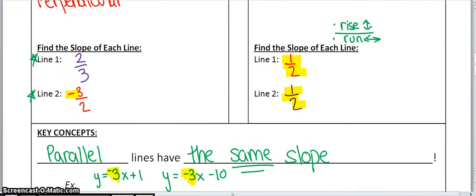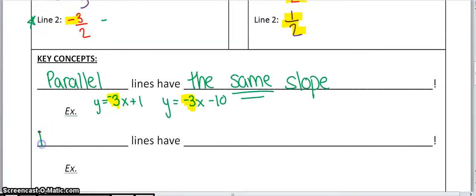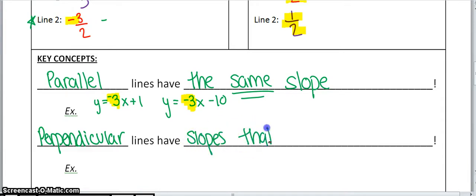So what do you think the relationship is between these two? They're for sure not exactly the same, but I notice one's positive and one's negative, and they have the same numbers. This one is 2 on top, this one is 2 on bottom, 3 on bottom, 3 on top. Okay, so we're talking about perpendicular lines here. What's the relationship? Perpendicular lines have slopes that are, drum roll please, number 1, opposites.